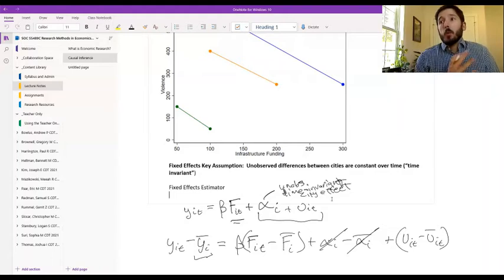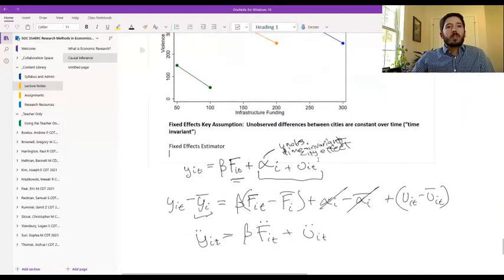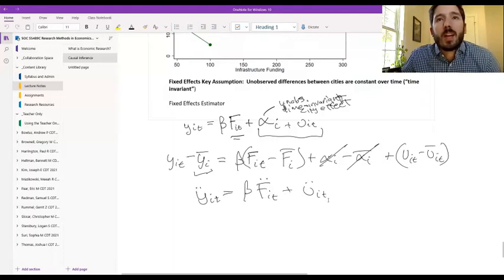So basically what we're doing is transforming this data so that we can write something that looks like this, where we've just got a new definition of these variables. That double dot there just represents that we've got this thing minus the mean for that group.